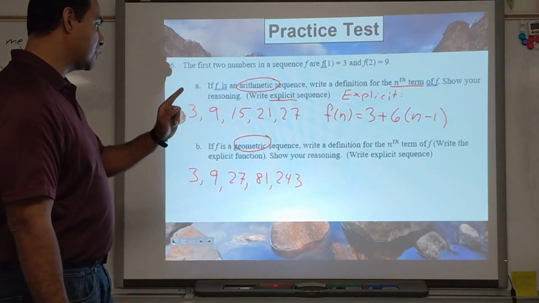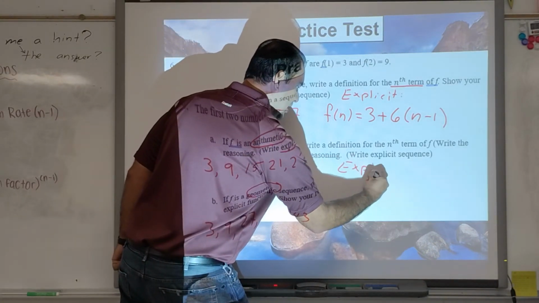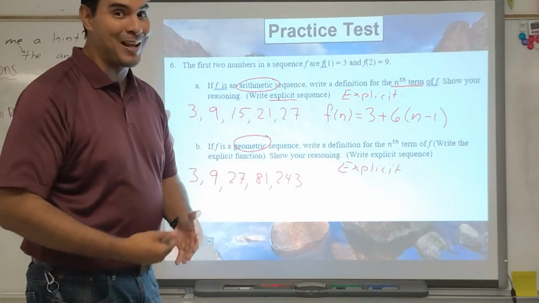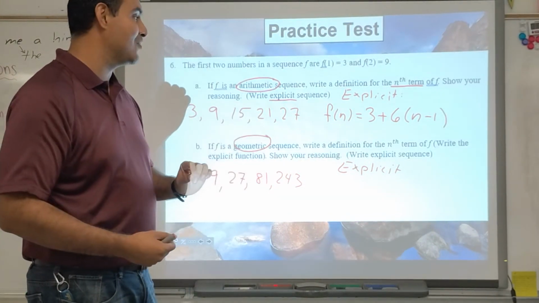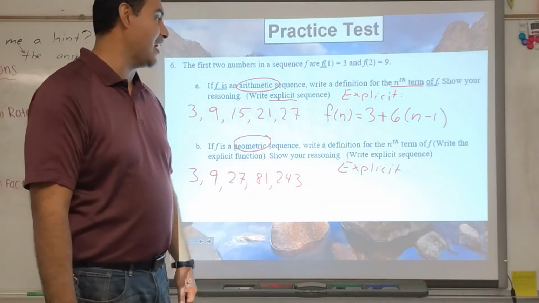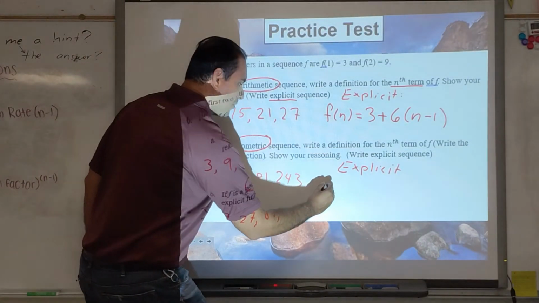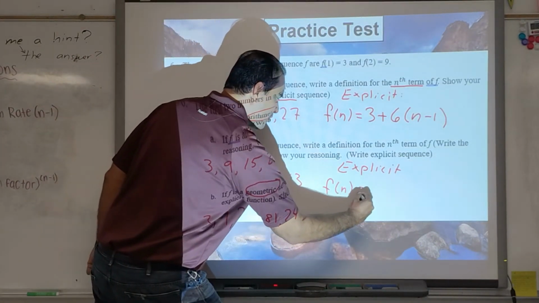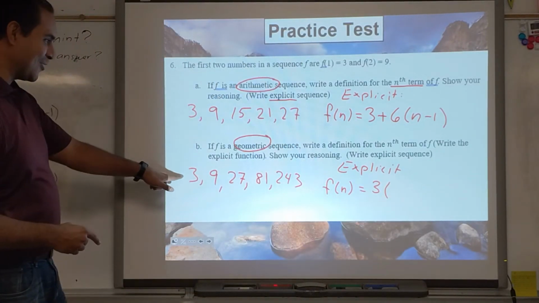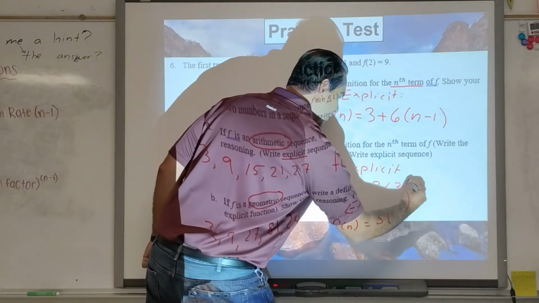Then, if we want to create our explicit function for this geometric sequence, we are going to look at our notes and find that formula. And that formula is f of n is equal to first term times the growth factor to the power of n minus 1. So here in this case, our first term is 3, so I'm going to write f of n is equal to 3 times, so first term is 3, and the growth factor is 3, so I'm going to write 3 to the power of n minus 1.